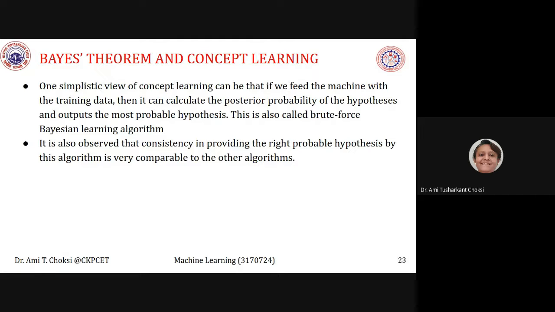So, let's see one simplistic view of concept learning: if we feed the machine with the training data, then it can calculate the posterior probability of the hypothesis and output the most probable hypothesis.